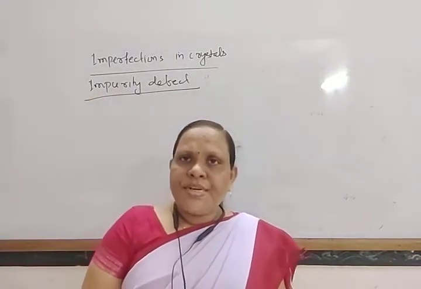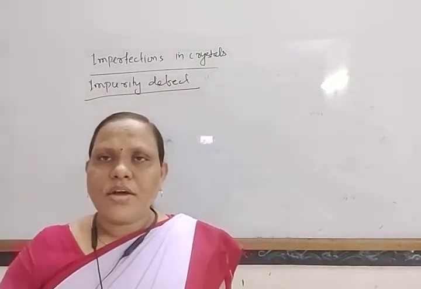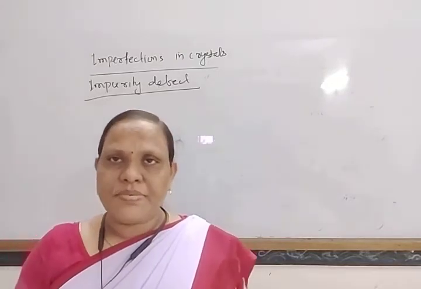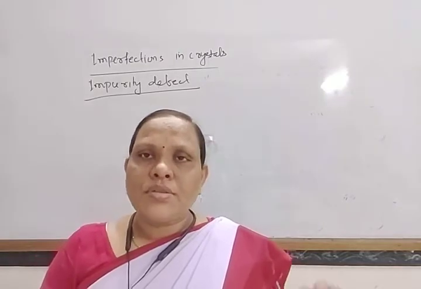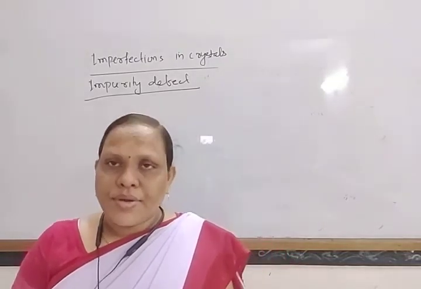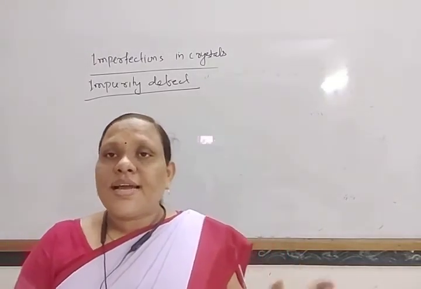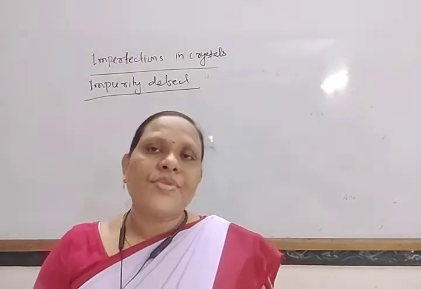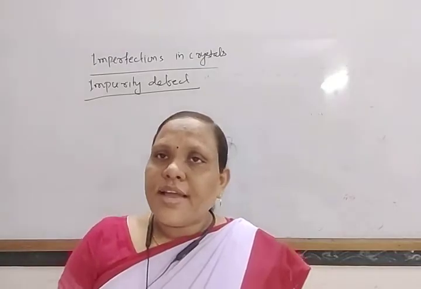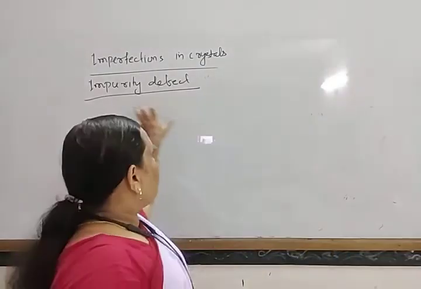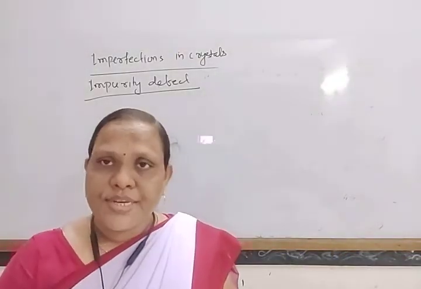In the impurity defect, when the crystallization of some ionic compound takes place, say the solution contains some other impurities of ionic compounds, then in the crystal lattice of one cation, if another cation remains, that type of defect is called impurity defect.